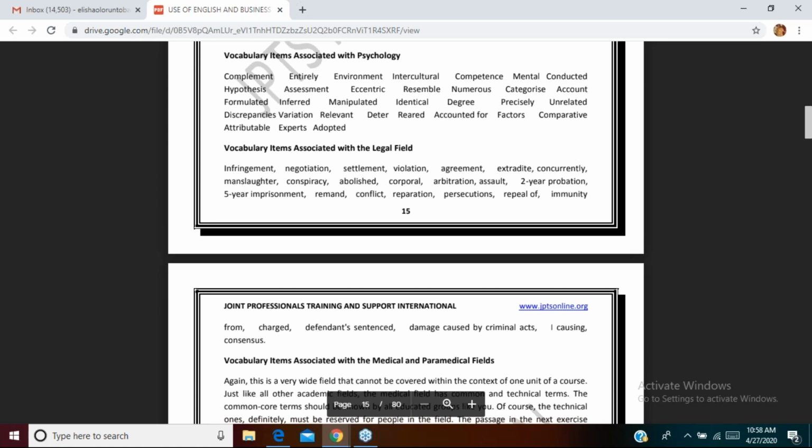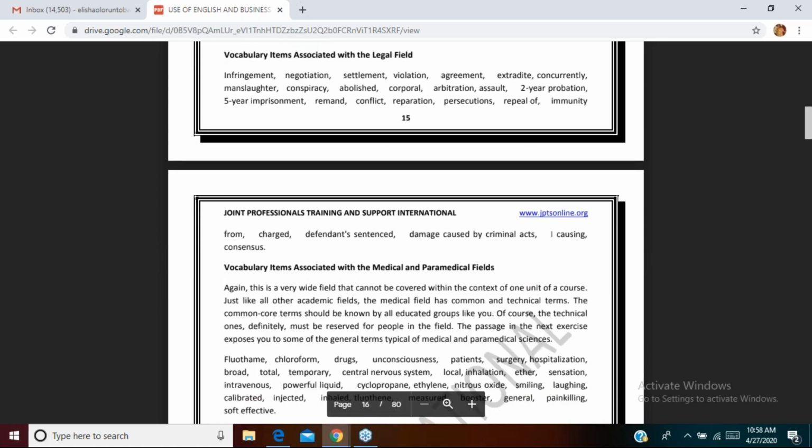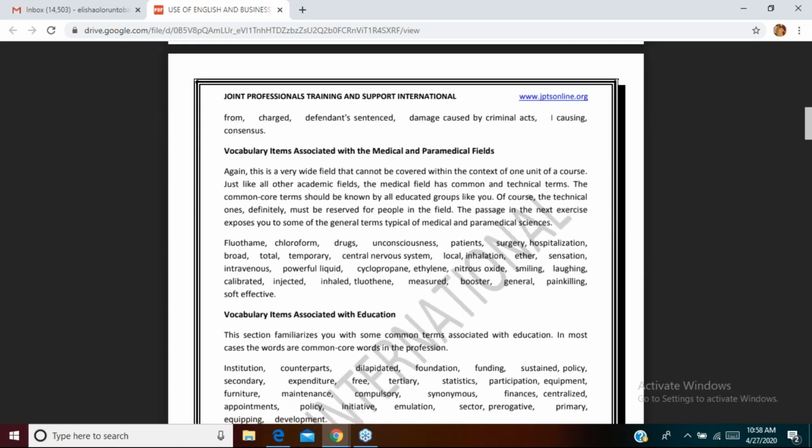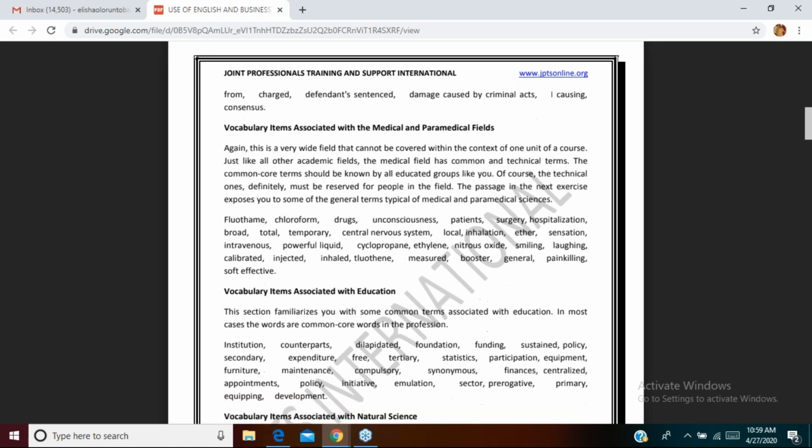You have to read the rest. You have to read vocabulary items associated with the medical and paramedical fields. There are a lot of words. You can Google and get a lot of words: patient, surgery, hospitalization, and so on.